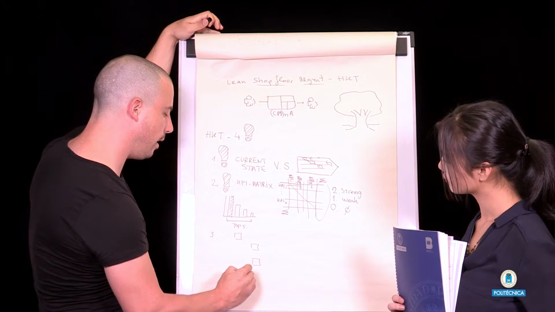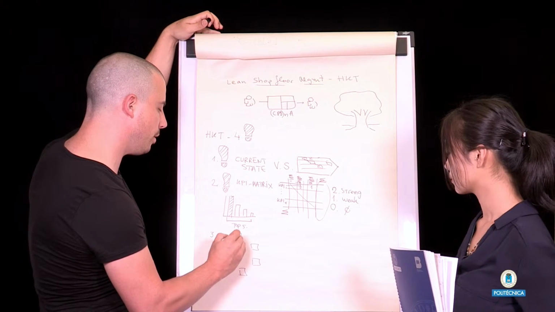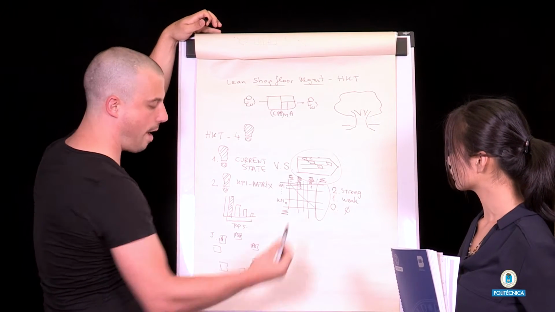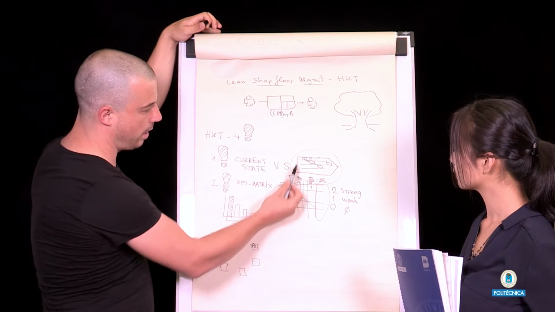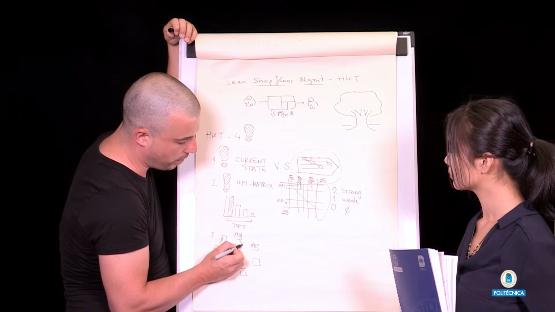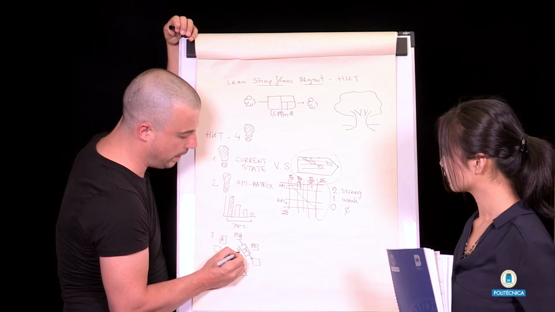hierarchy-less network, in which we list all the process owners that happen to have an impact on this value stream. And then we connect these process owners through CPDNA.